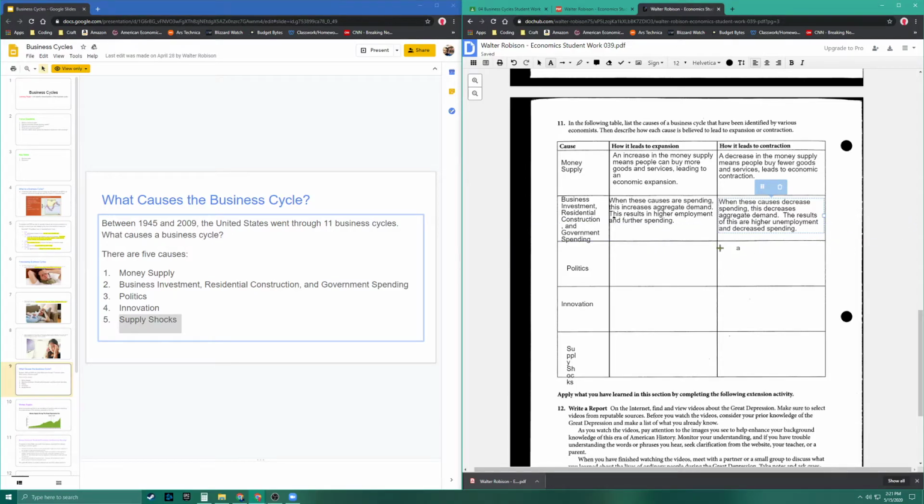All right, politics. Okay, so how does it lead to expansion? So Congress, they can pass legislation that increases spending.